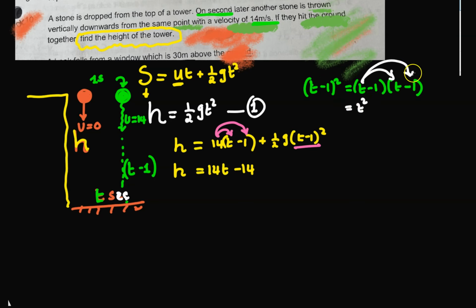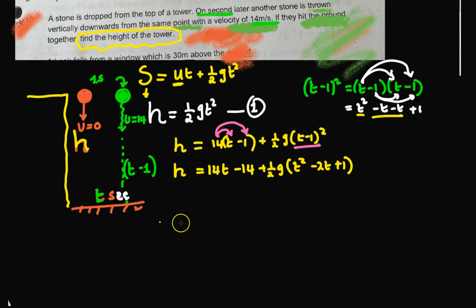Multiplying t by minus 1 gives minus t, and the other one also gives minus t. Finally, this gives us plus 1. So our equation becomes plus a half g into the bracket t squared minus 2t plus 1.